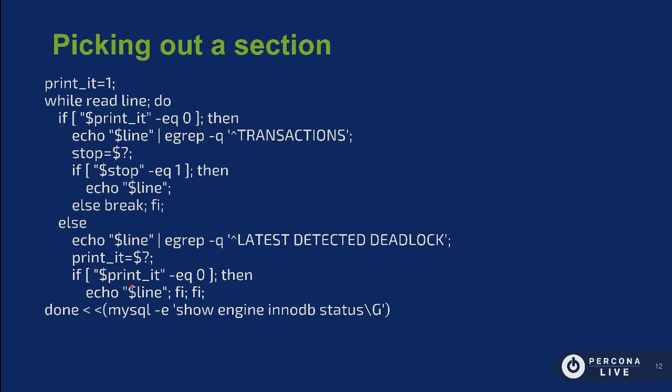Now, if I printed it once, print_it is now set to 0. So now for the next line, I go into this if. Again, I'm going to look to see if I find transactions, which is at the other end of that block. If I do find it, I look at that return code, which I set into stop.